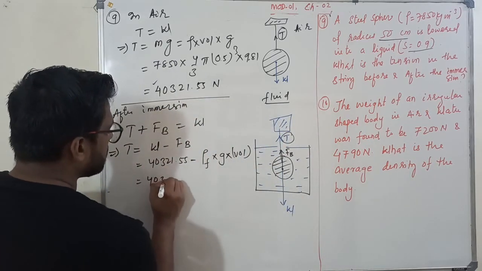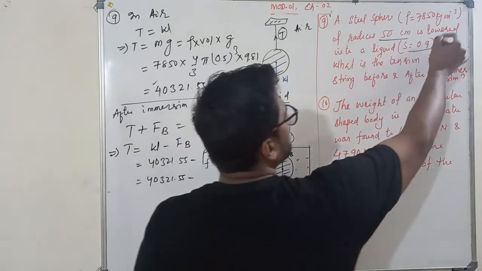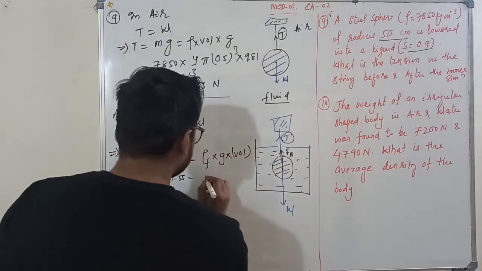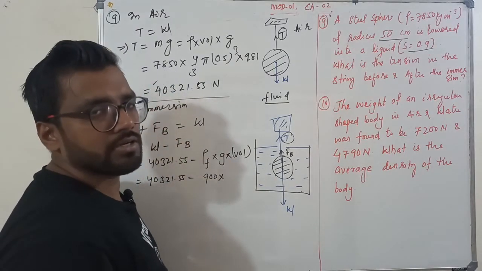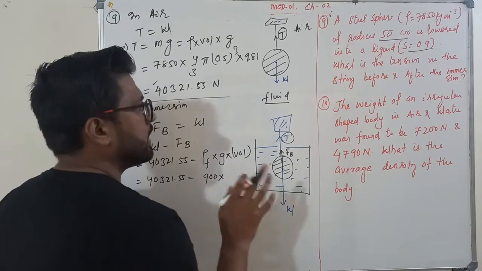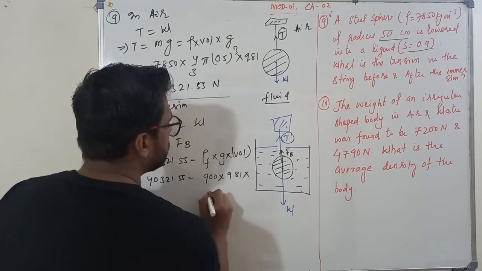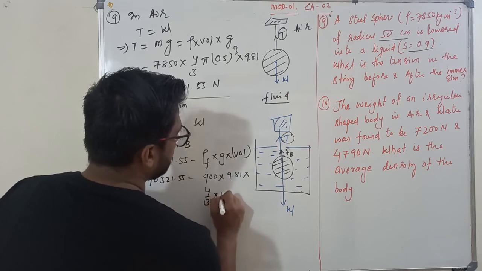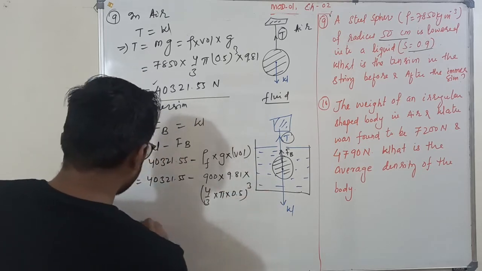The specific gravity is given as 0.9, so the density is 900, as we multiply by the density of the standard liquid, water, 1000. Multiply G, 9.81, and the volume, 4 by 3 pi R cube.